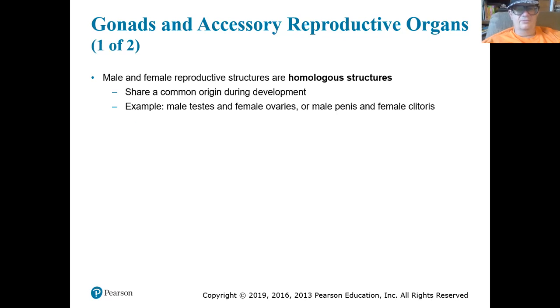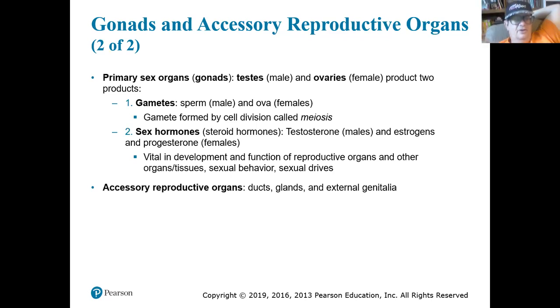And they come from the same tissue as an embryo, but which direction they go depends on how you differentiate. Male penis, female clitoris, similar structure derived from similar tissues, but not the same. They differentiate during development. All right.